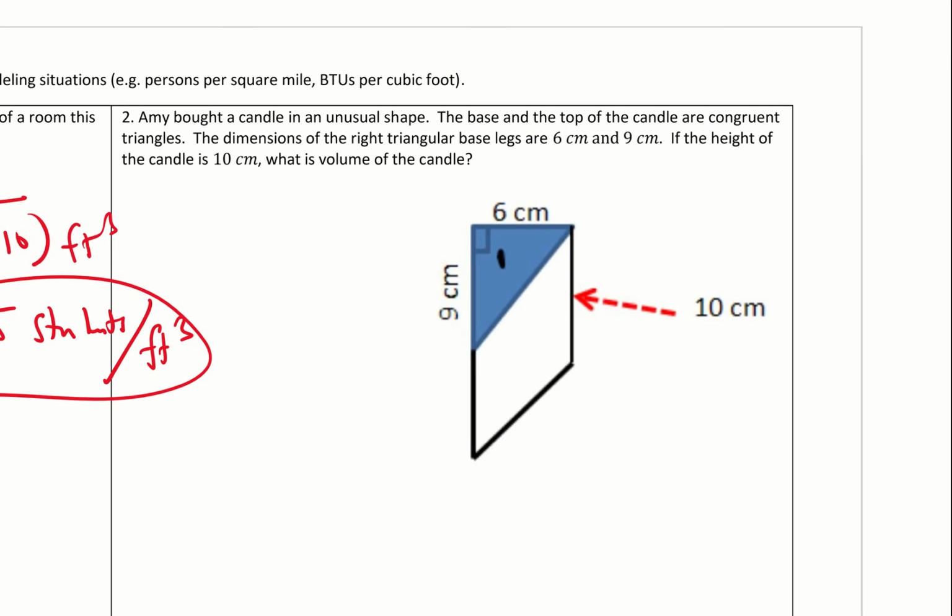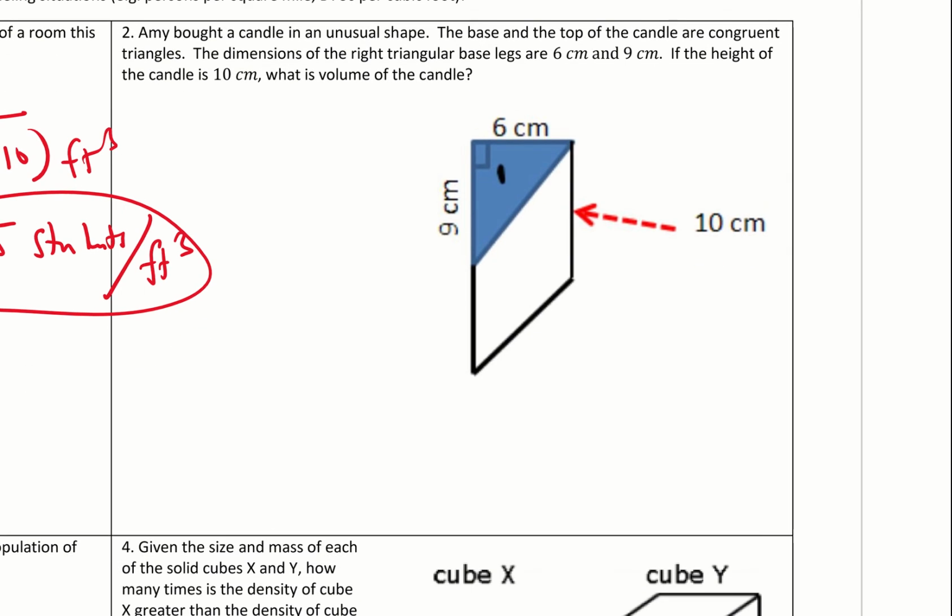All right, number 2. Amy bought a candle with this unusual shape. This is a triangular prism. They give us the dimensions. If the height is 10, what is the volume? We just have to find the volume of the candle. The volume of a prism is BH, and the capital B is the area of the triangle, which is 1/2 base times height.